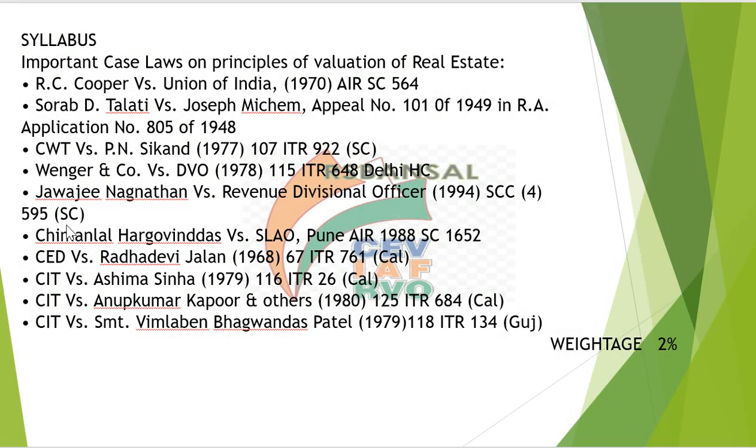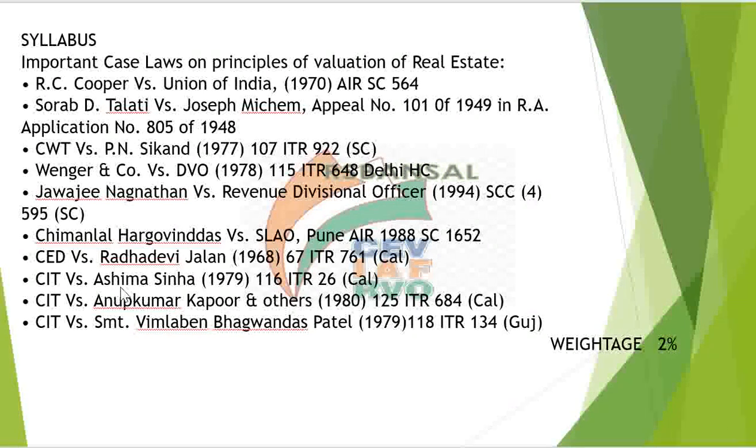Then next one is Jawajee Nagnathan versus Revenue Divisional Officer, 1994 SCC 4 595 SC. Then Chimanlal Hargovind Das versus SLAO Pune, AIR 1988 Supreme Court 1652. Then CED versus Radhadevi Jalan, 1968, 67 ITR 761, Calcutta.